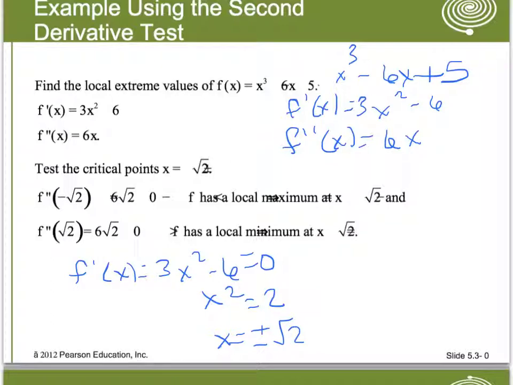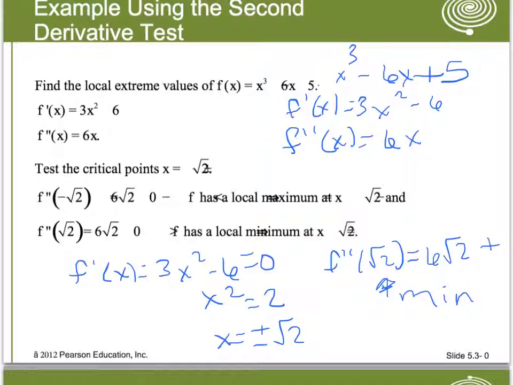You put those numbers into your second derivative. Well, 6 times the square root of 2 is a positive number, so that means at this square root of 2, we have a minimum value. Because your second derivative is positive, it's a minimum.